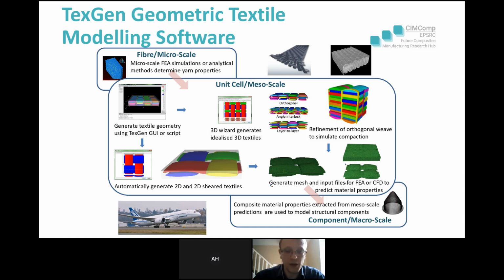Using TexGen and its graphical user interface, it's possible to create different 2D and 3D textiles, including orthogonal, angle interlock, and layer-to-layer. And then it's possible to create input files, which can be used for finite element solvers or for CFD solvers to predict material properties.